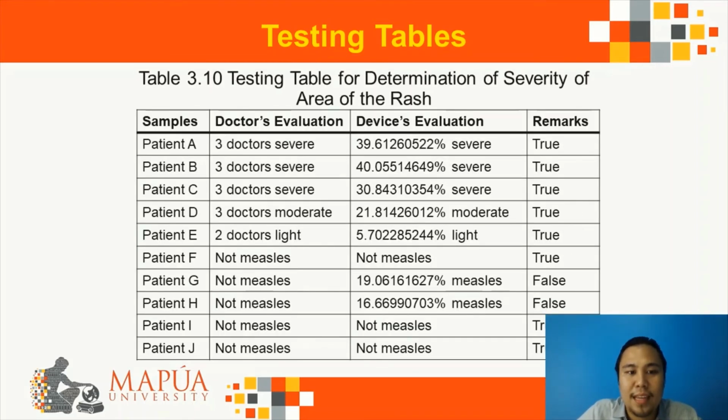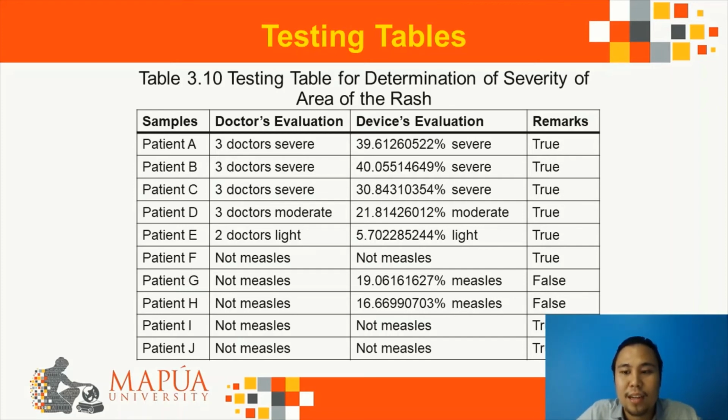Table 3.10 is the testing table used for the determination of severity of the area of the rash. We also used the same 10 patients evaluated by the doctor and the device. The device evaluation of severity is compared to the doctor's evaluation for testing the performance of the device in determination of severity.